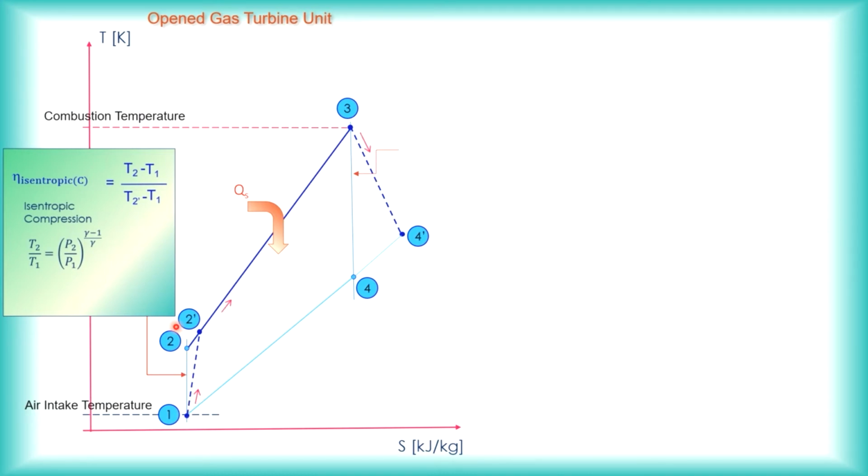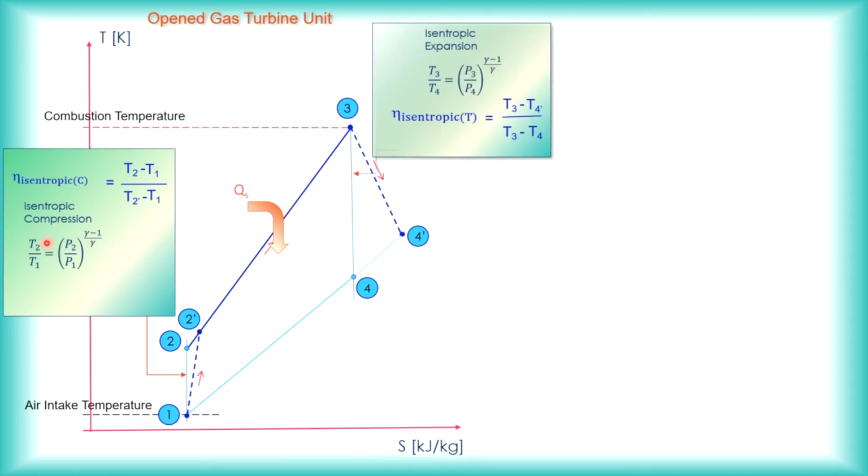With that, we can use the isentropic relationship between P, V, T to find the temperature T2 if, let's say, the pressure ratio is given. Usually they give us the pressure ratio for the open gas turbine unit, and gamma is usually taken as constant for air, equal to 1.4. Once you have got T2, you can substitute here to find T2 prime.